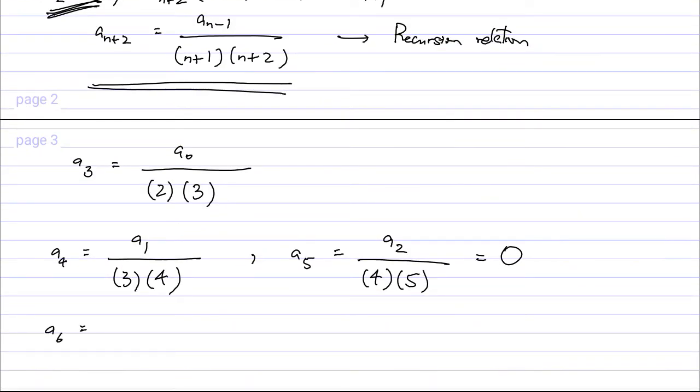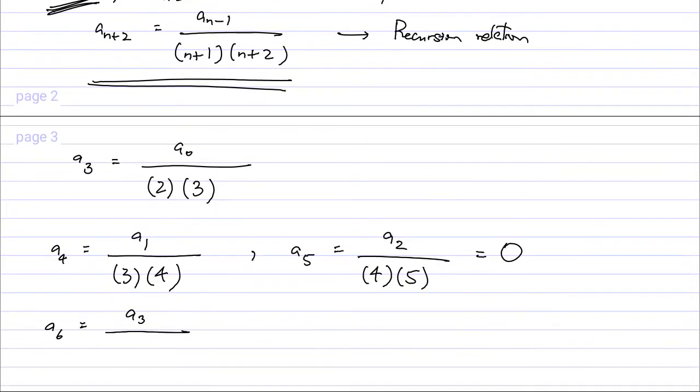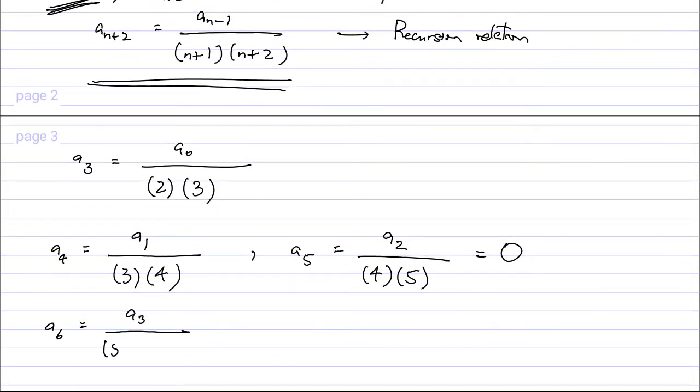a6 must be equal to, so n is equal to 4 over here, so this is equal to a3 over 5, 6, right?